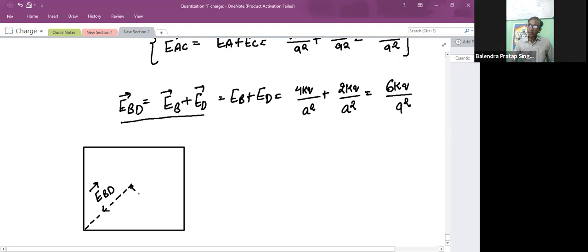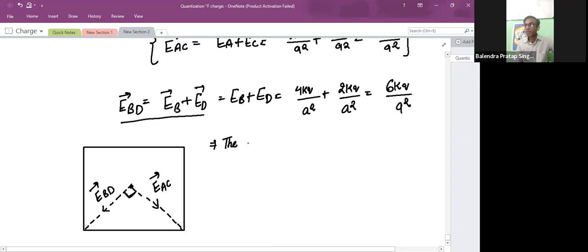There is another field here, and this field is E of AC vector, and the angle between them is pi by 2.